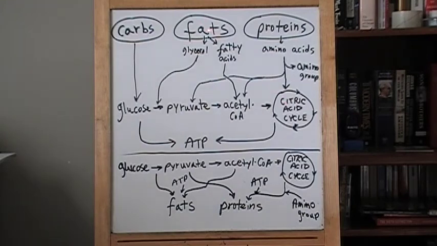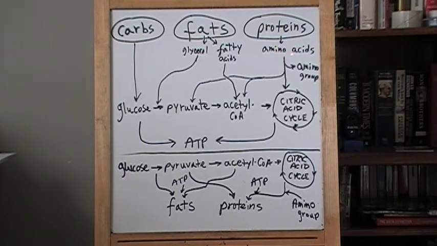So for example, fats can be broken down into glycerol and fatty acids. The glycerol can become intermediates in glycolysis, and the fatty acids can be broken down to form acetyl groups to form acetyl-CoA. And proteins can be broken down into amino acids, and then the amino groups removed.